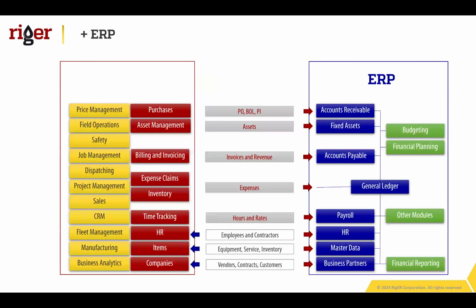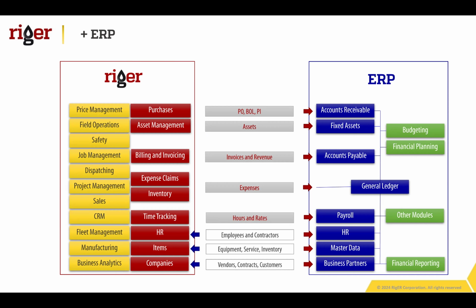In many cases, we see that the exchange between RigER and ERP flows in purchases. We have purchase orders, BOL, PI, and asset management, and we exchange information about fixed assets, the way our assets are organized. Billing and invoices, of course: invoices and revenue go to accounts payable.